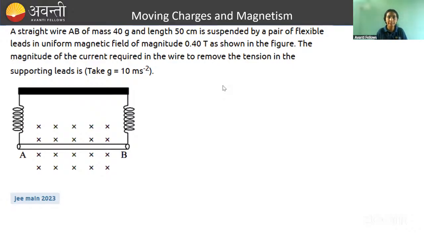I hope you people are trying it. Diagram draw karo. Forces को लिखो.